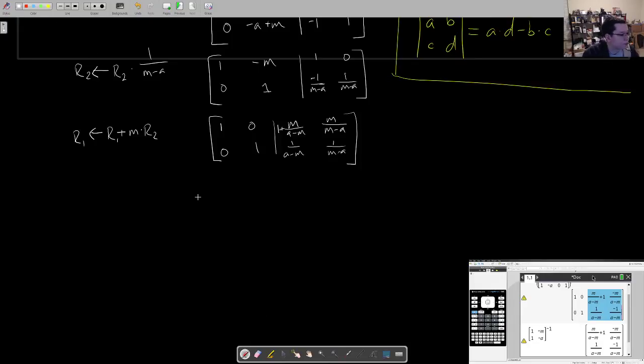One, negative m, one, negative a. I'm writing crooked. I think I'm losing my mind or something.